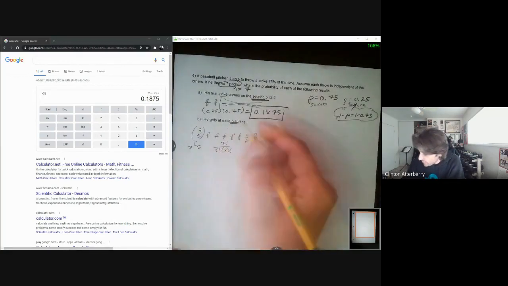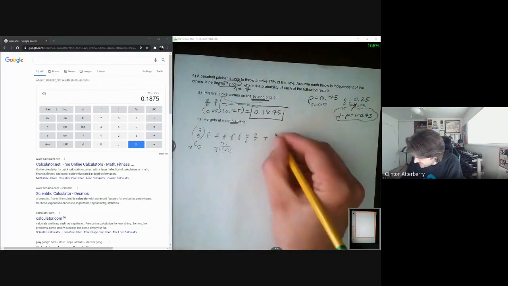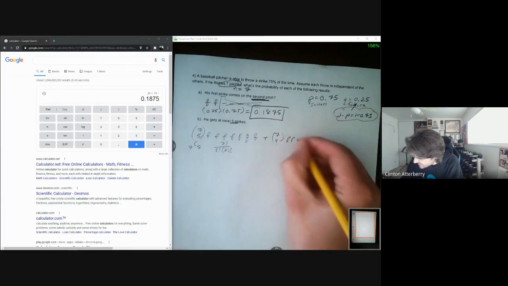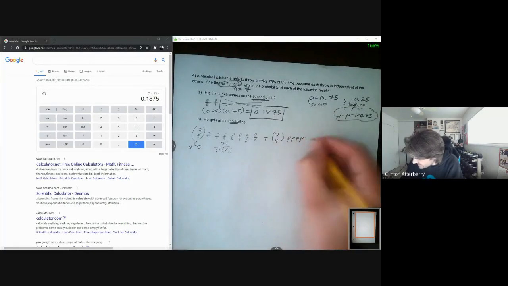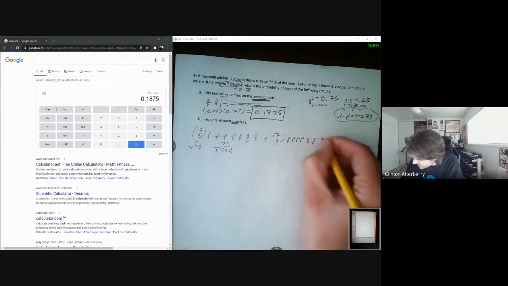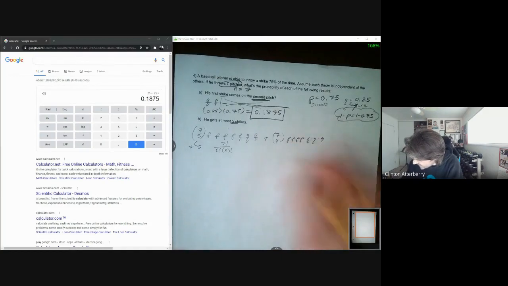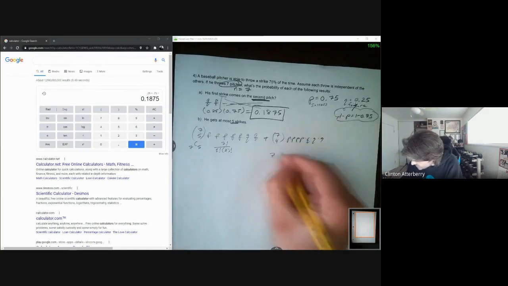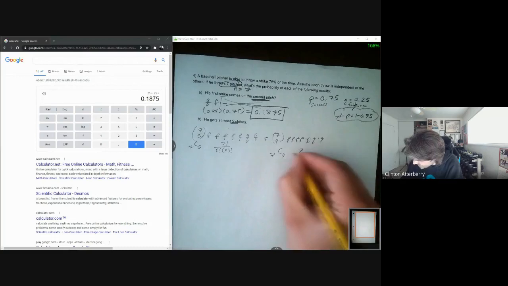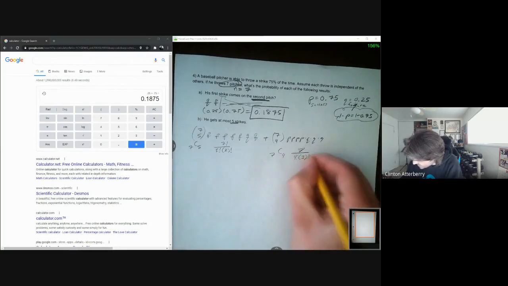So guess what? We would then add 7 choose 4, right, of like P times P times P times P times Q times Q times Q. Like this is one of those things, right? It would be 7 choose 4, 7 factorial over 4 factorial times 3 factorial.